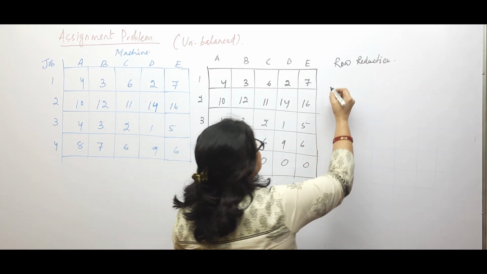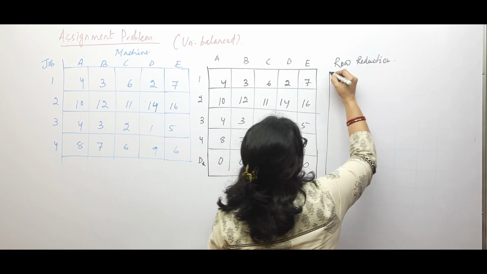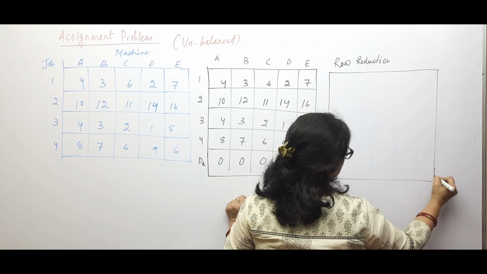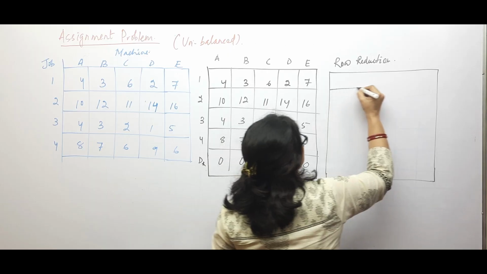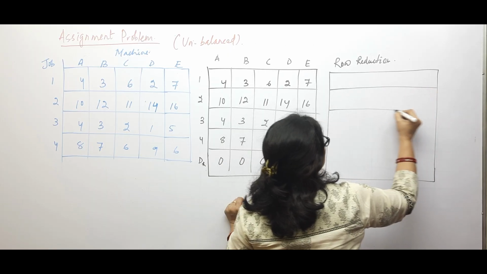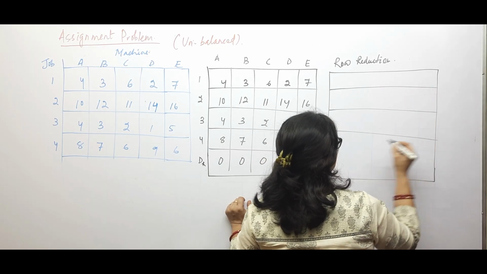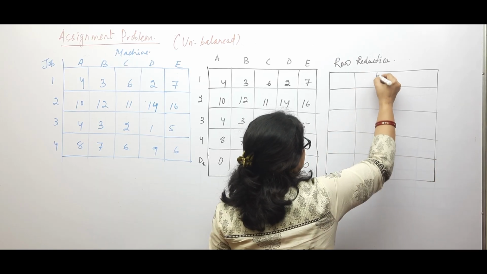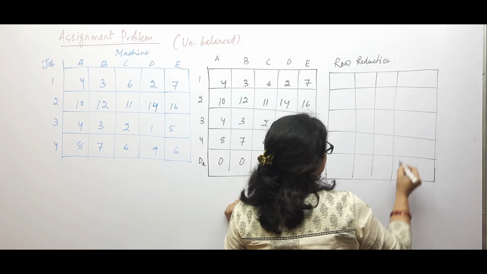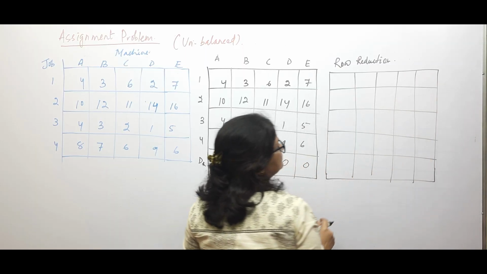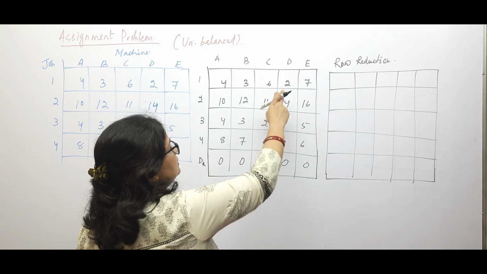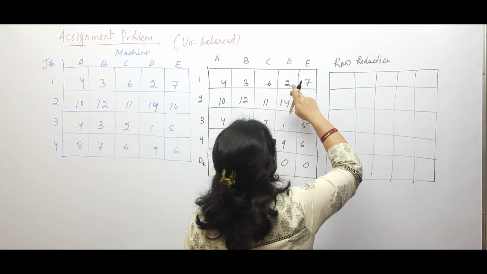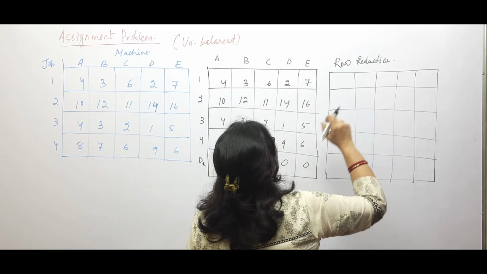So for that, I have to write the matrix, rows 1 to 5 and columns 1 to 5. The least cost in the first row is 2, so subtract this 2 from the whole row.